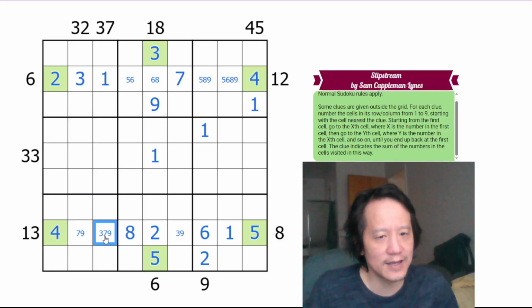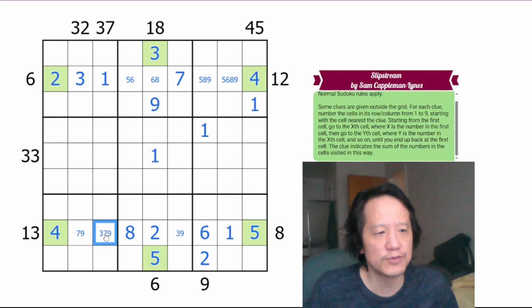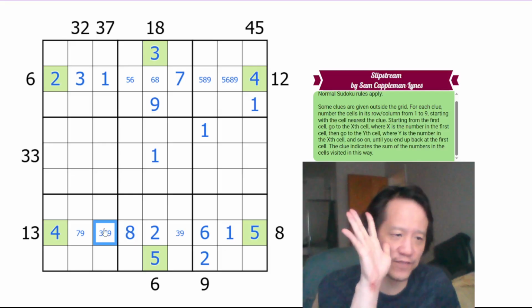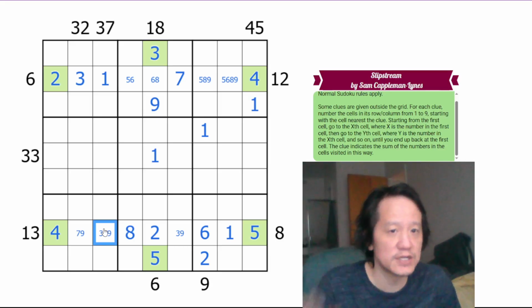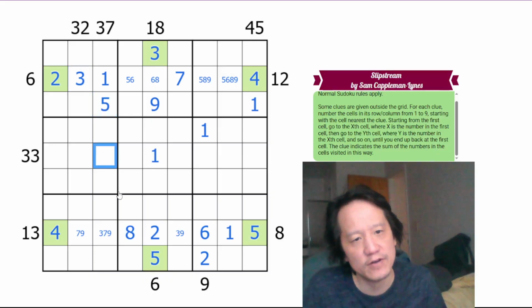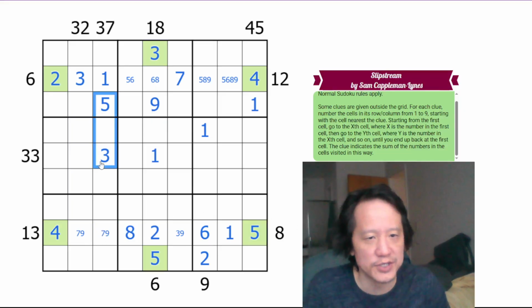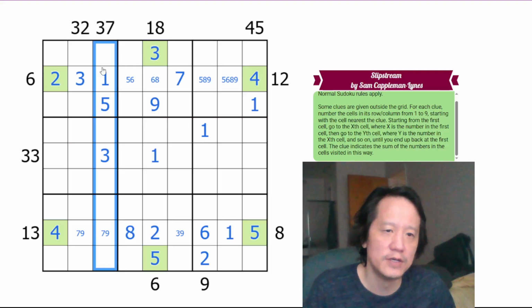But that can't be the case because in the 8th cell in this column, we have a 3, 7, or 9 here. So we must be missing the 3rd and the 5th digit. And those must have 3 and 5 in them. Well, this can't be 3 because of the 3 in the box, so this must be a 5, which makes that a 3. So those are the ones we're missing in column 3.